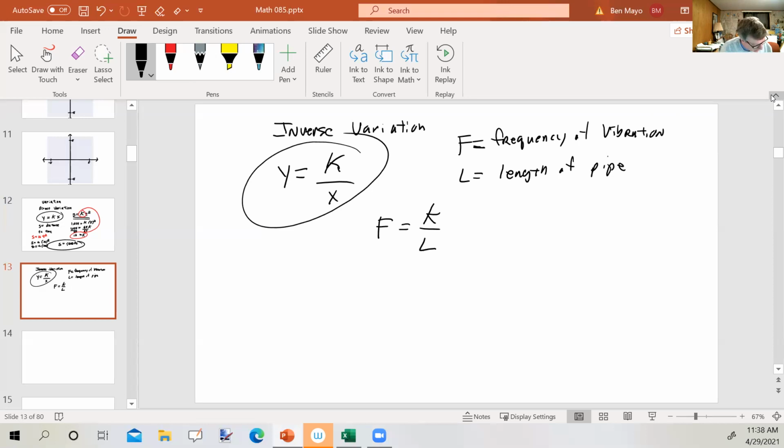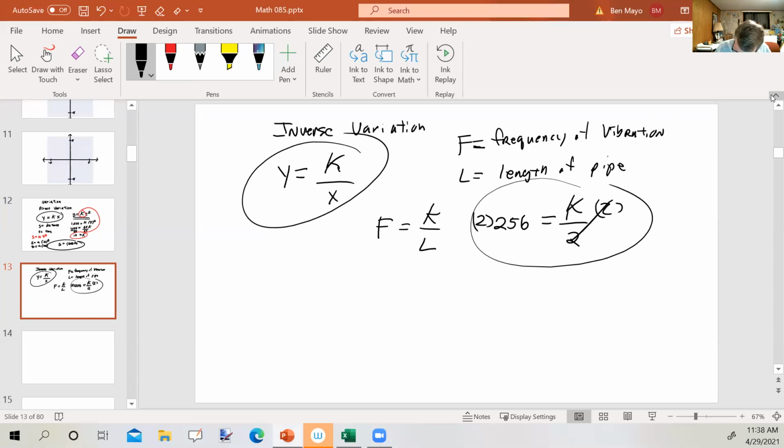All right. It says if a pipe 2 feet long, so that would be L, vibrates 256 times per second, that would be F. How many times per second does a 6-foot pipe vibrate? Well, we can use this formula to solve for K. We'll multiply both sides by 2, and we get K equals 512.